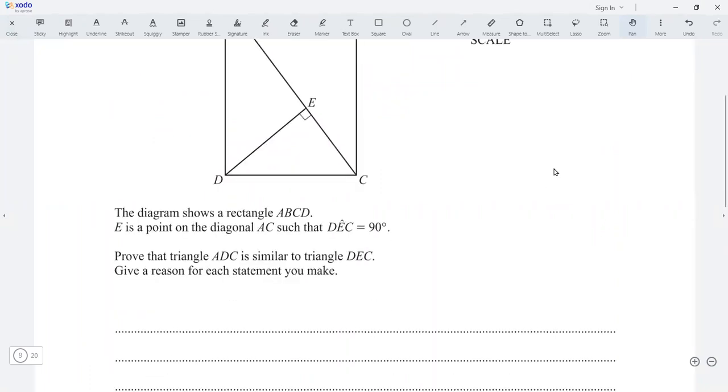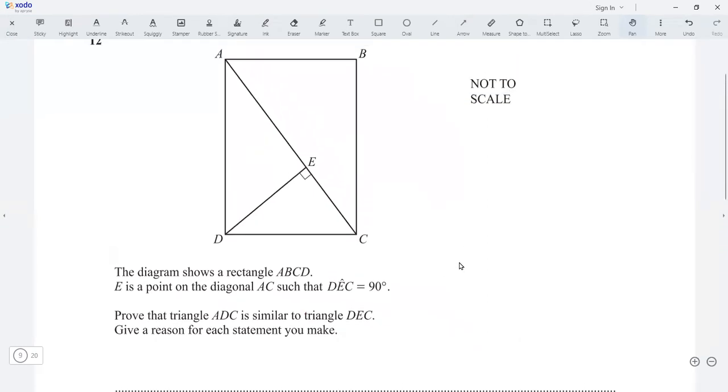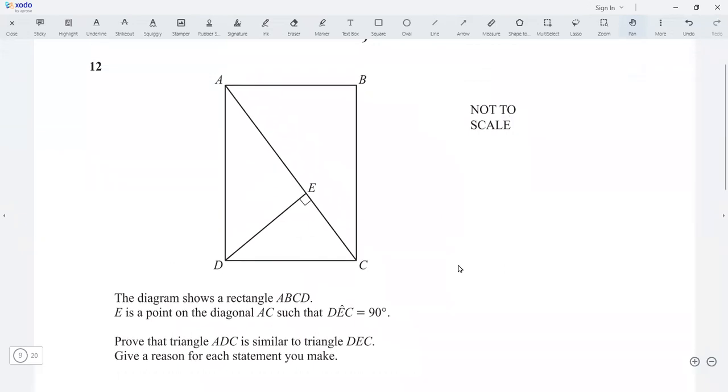In the next question, they're saying that you have to prove that triangle ADC is similar to triangle DEC, and we have to tell the reasons as well. So triangle ADC and the next one is triangle DEC. Where are they lying? First one is ADC, I can say this triangle.